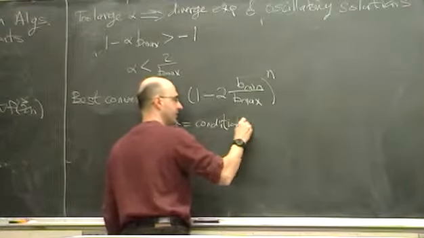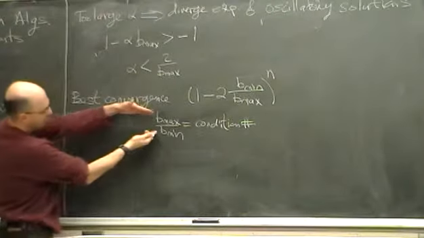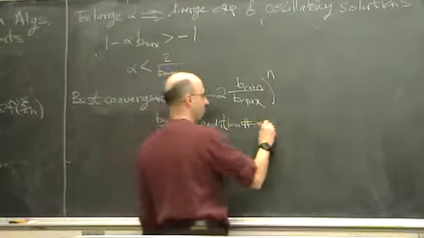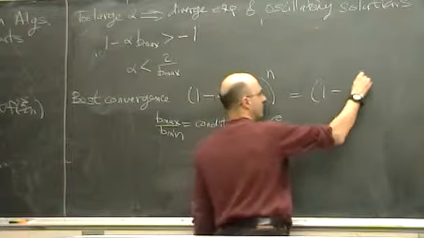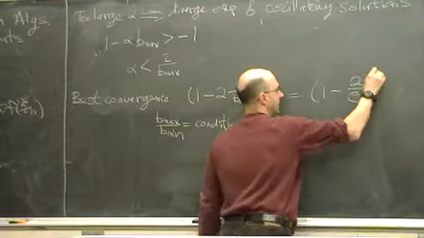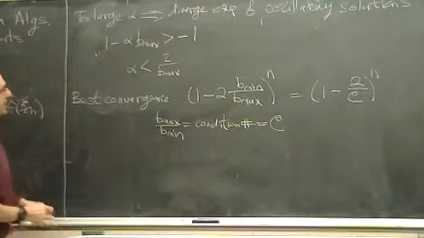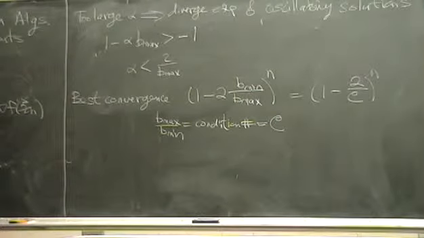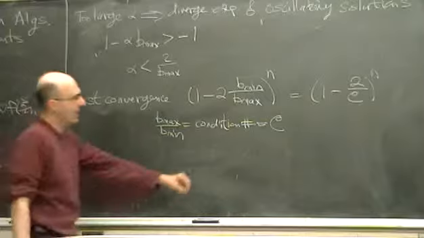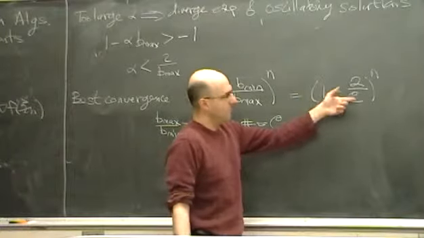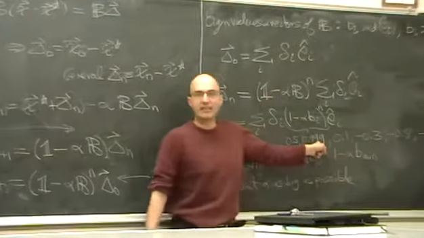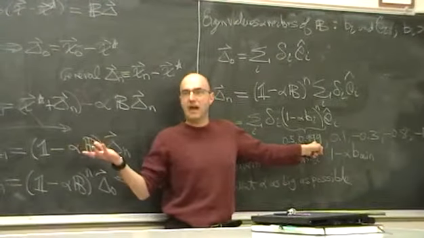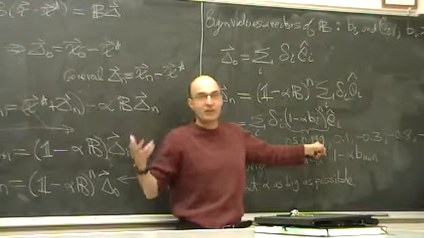Condition number. It's basically the range in the spectrum of the Hessian. We call that C. And so the best you're going to do is 1 minus 2 over C, to the nth power. And the condition number, unfortunately, can be thousands. So if you've got 1 minus 1/1000th, which is 0.999, you have to raise this to the 1000th power before you get to 1 over e.